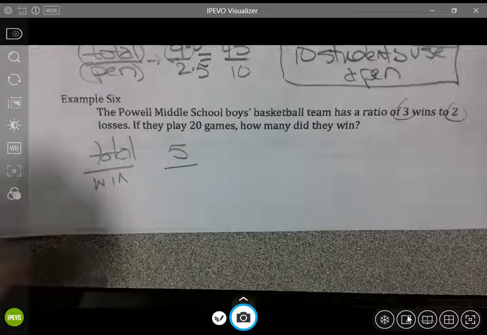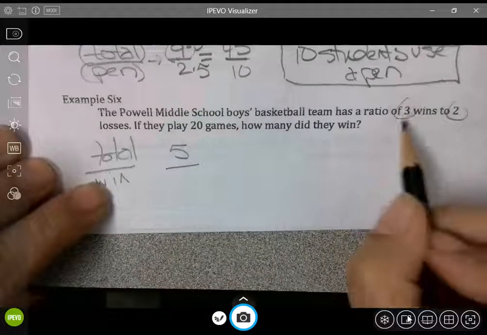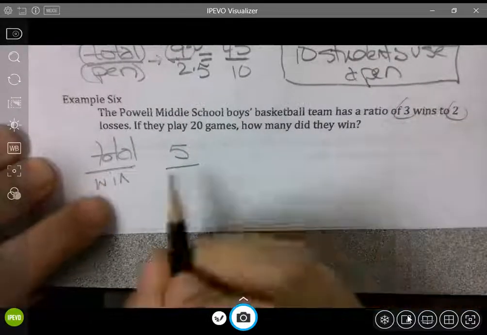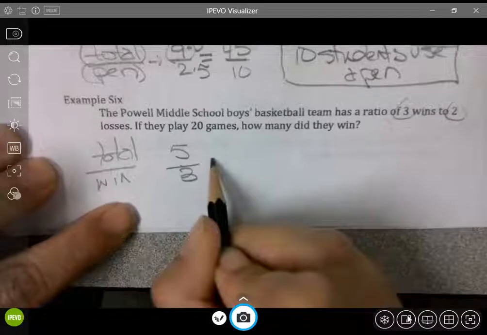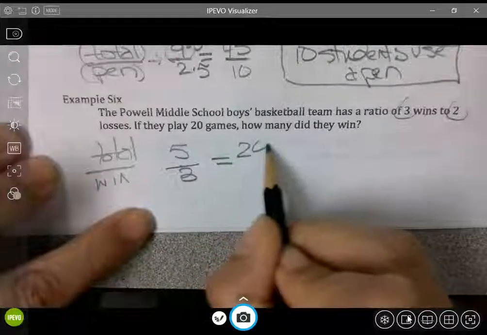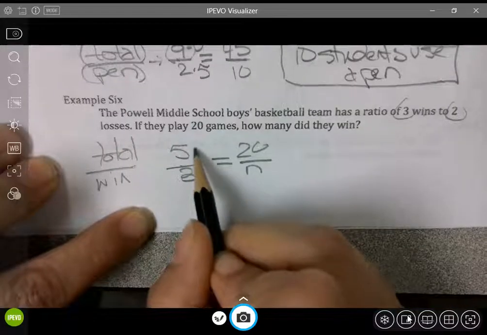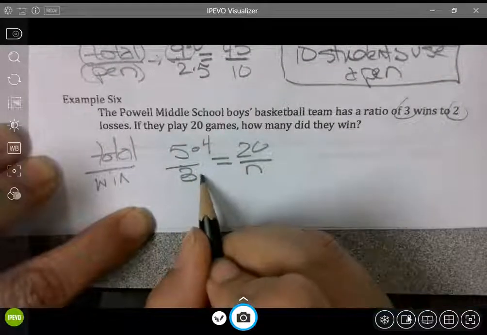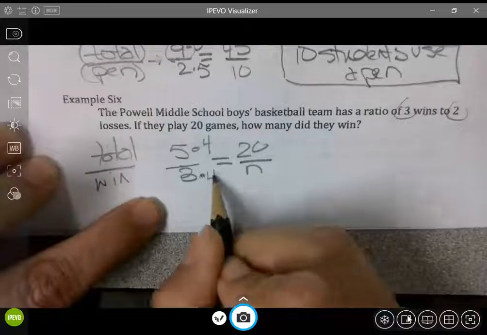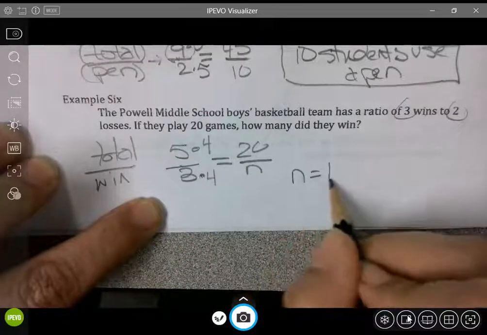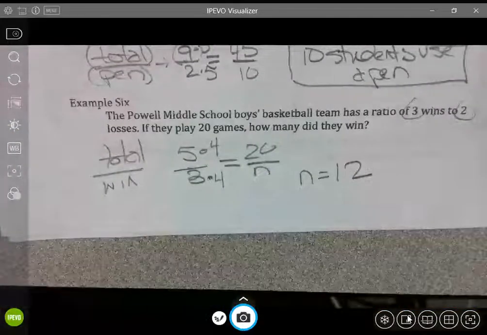Okay, the wins says 3 wins to 2 losses. So the wins are 3. So if they play a total of 20, I'm trying to figure out how many they won. So 5 times 4 gives me 20, and 3 times 4. So how many did they win? They won 12. All right.